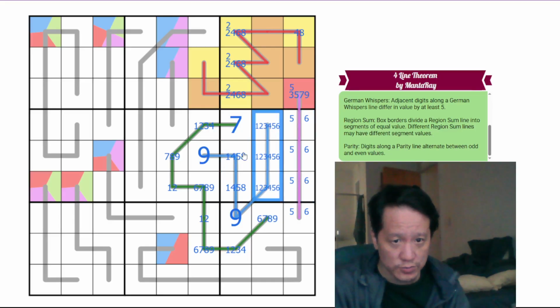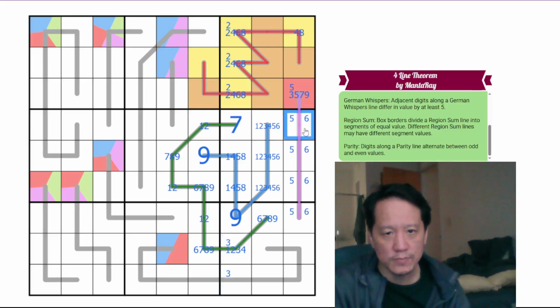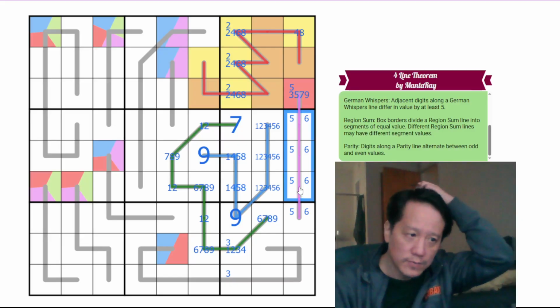So either this is 2, 3, 4, and that's 1, 8. So that kind of works. We have 7 here. We have 9 here. That leaves this as 3, 1, or 5, with 3 being guaranteed here. 9 is guaranteed here.